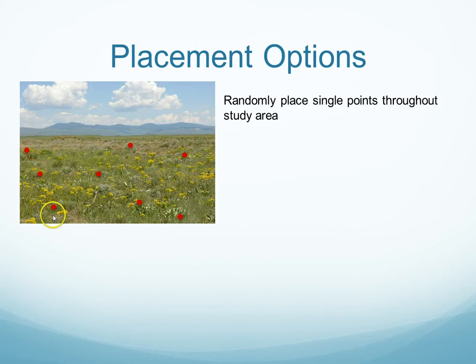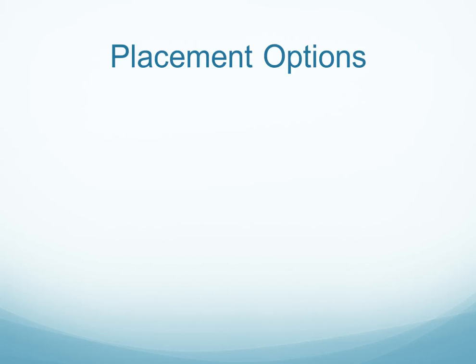If we went to each one of these points, it would take time to go to each point, and also we would only get one measurement per point. So in general, this is not an approach that we take for placing points in the environment.